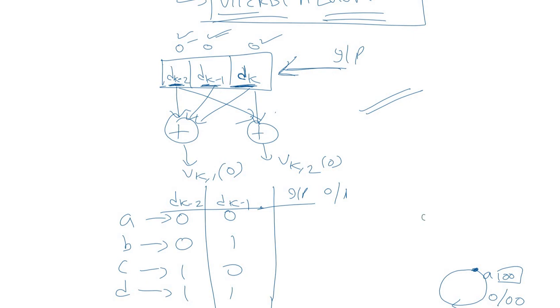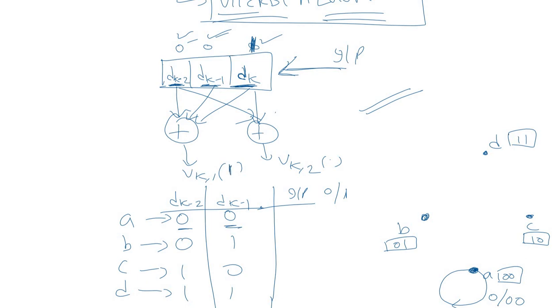Similarly, let's make the other states: B is 0, 1, C is 1, 0 and D is 1, 1. Still, if we are at state A, that means DK-1 and DK-2 are 0, 0, and if the input is 1, that means this is 1 now and these 2 are 0, we'll find that at the output terminals we get the outputs 1 and 1.